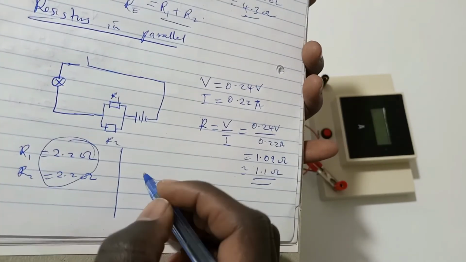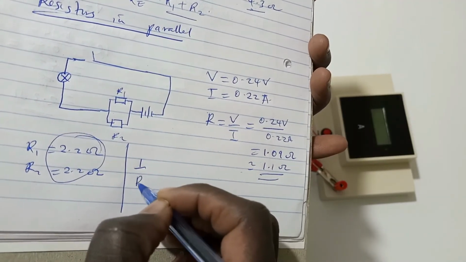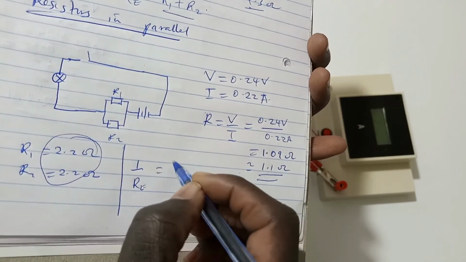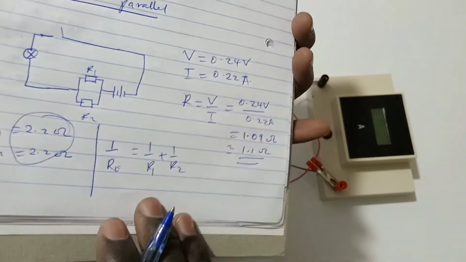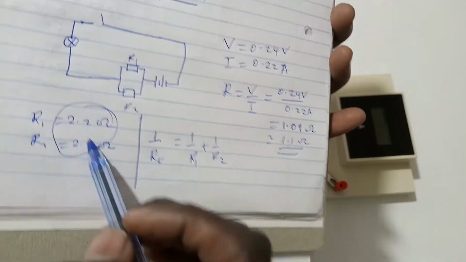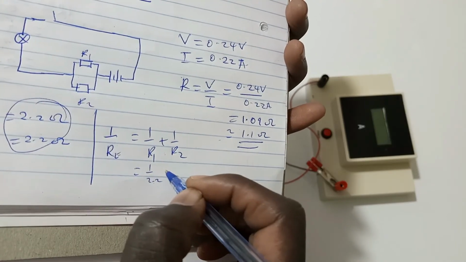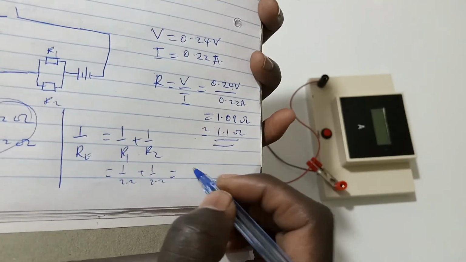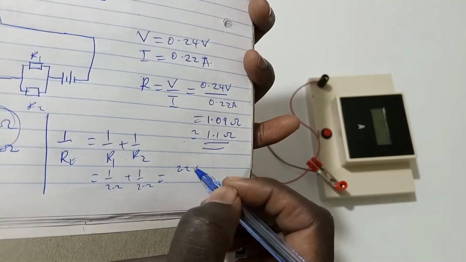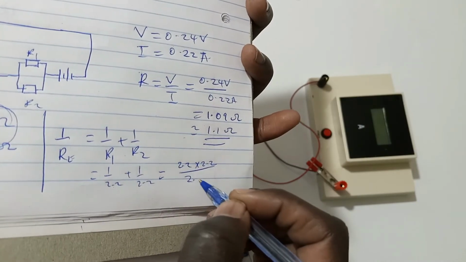This reminds you that the effective resistance, 1 over Re, is given by 1 over R1 plus 1 over R2. So that will be 1 over 2.2 plus 1 over 2.2, which will give us 2.2 times 2.2 over 2.